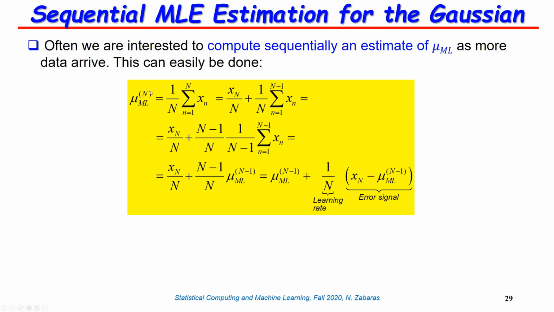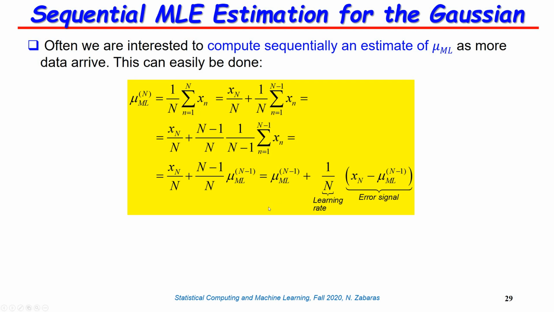So let me denote here the MLE estimate with superscript n referring to my MLE estimator using the n data points. Okay, and similarly, I am going to call mu MLE with n-1 superscript my MLE estimator for mu using my first n-1 points.